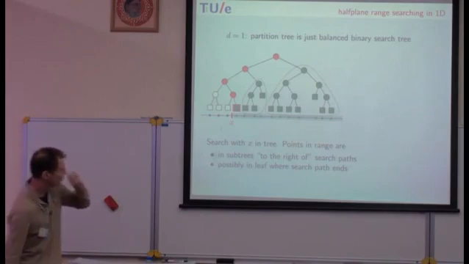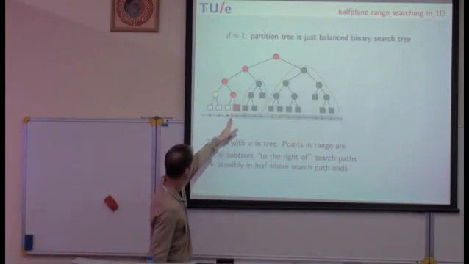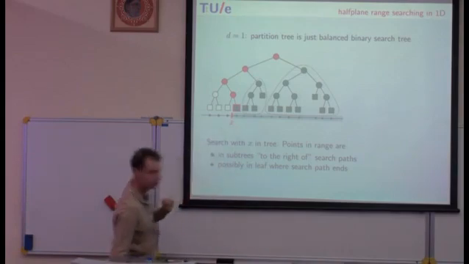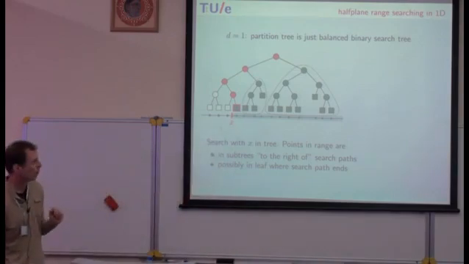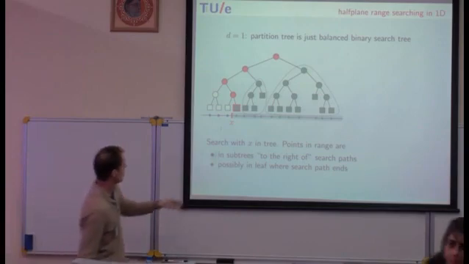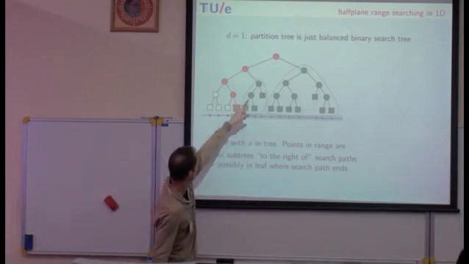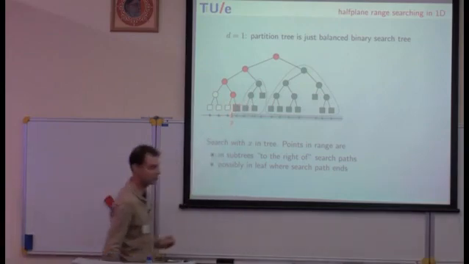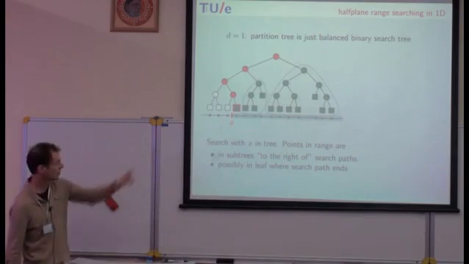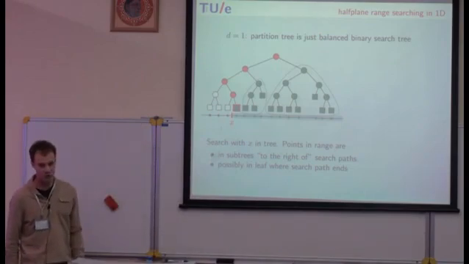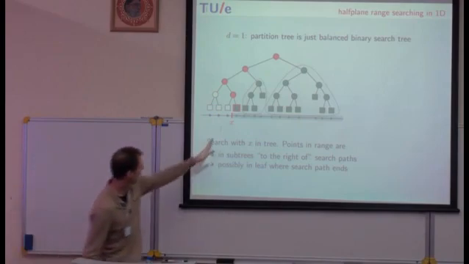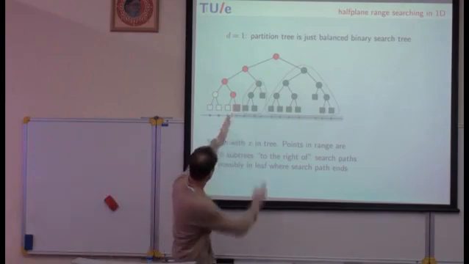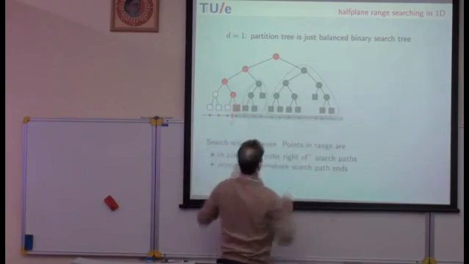If I want to report or count everything to the right of this point, what would you do? This is my point X, so I search with X in the tree. That's the red path. And now all the points to the right are here.